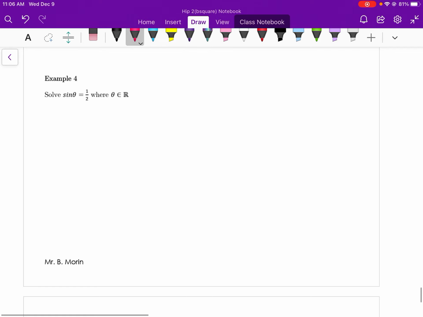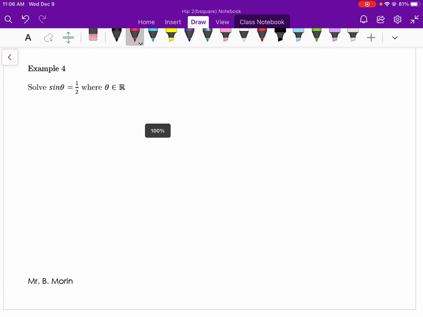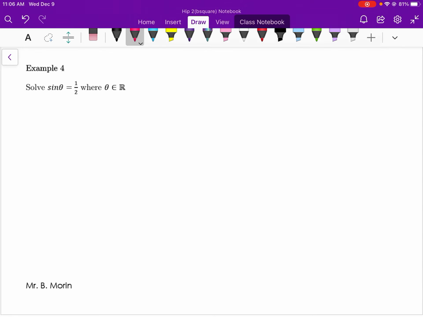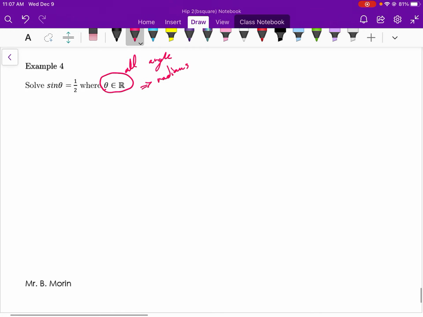So I am going to solve for sine theta is equal to 1/2, where theta is an element of the reals. This question means let's find all angles, and it implies radians, since it's the general solution.